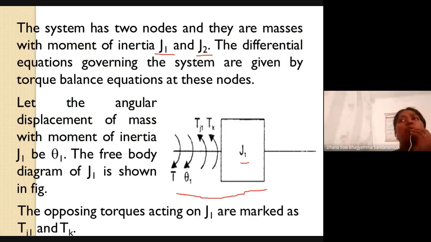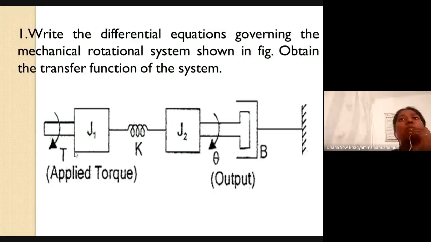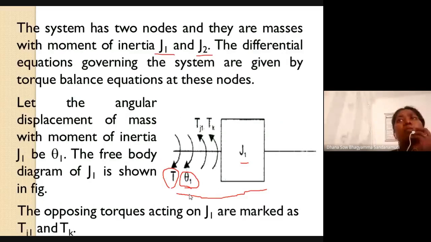The angular displacement is not mentioned in the question, so we will assume the angular displacement at node 1 as theta 1. At node 1, T is the applied torque.